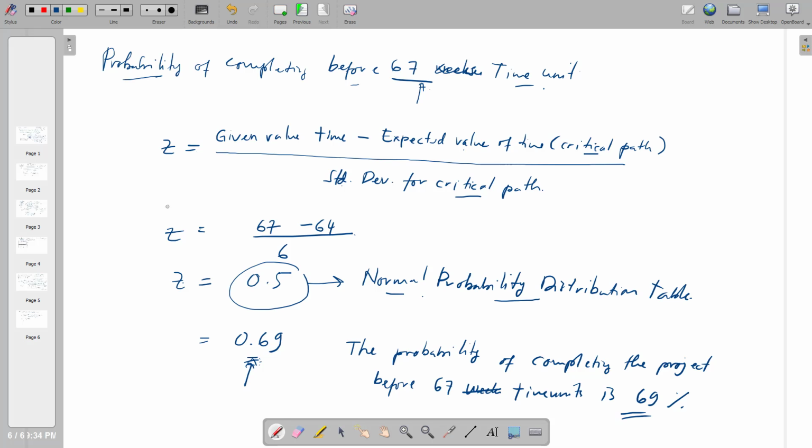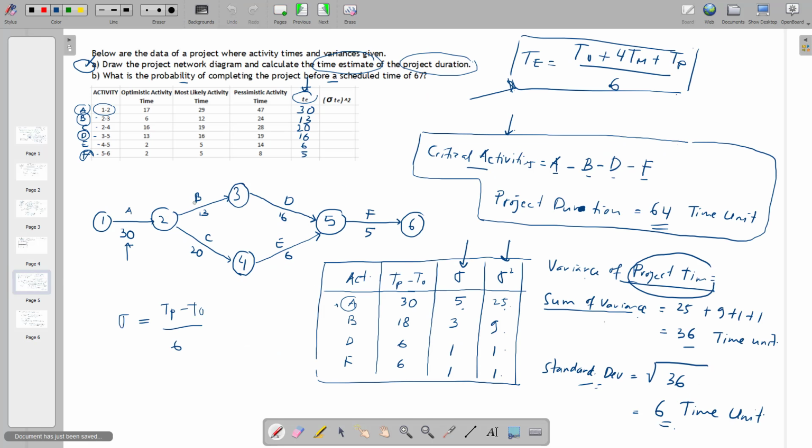So usually for this kind of questions, you will be asked to calculate in several stages. First, you have to draw the network diagram and provide the calculation of the TE. Then you will be asked for the probability of completing the project before a certain scheduled time.